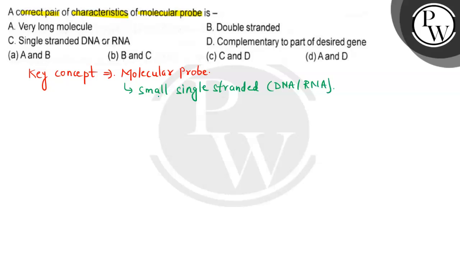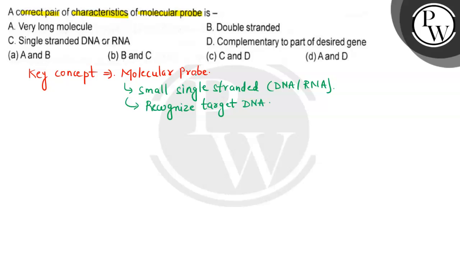Okay, and this molecular probe, it is showing the complementarity sequence. Okay, so they have the ability to recognize the desired gene, or we can say target gene. They can recognize the target DNA or the target gene. Why?